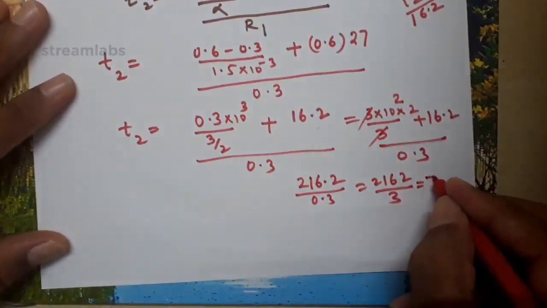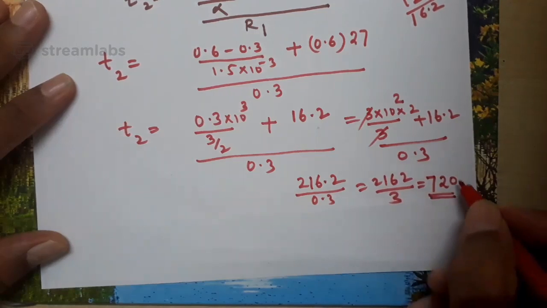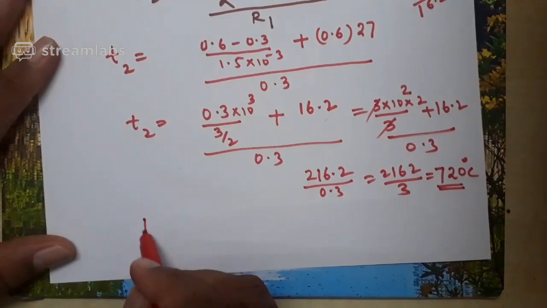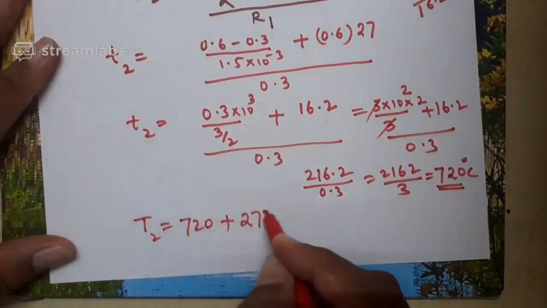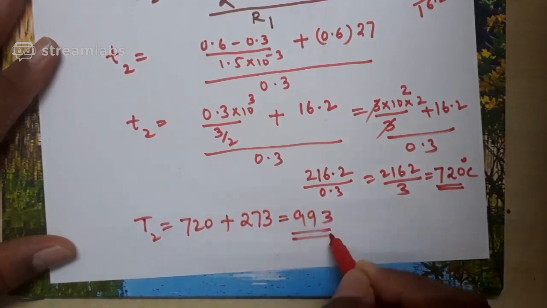This is 720. This is in degree Celsius, but the options are given in Kelvin. So the temperature in Kelvin will be 720 plus 273, which is surely 993 Kelvin.